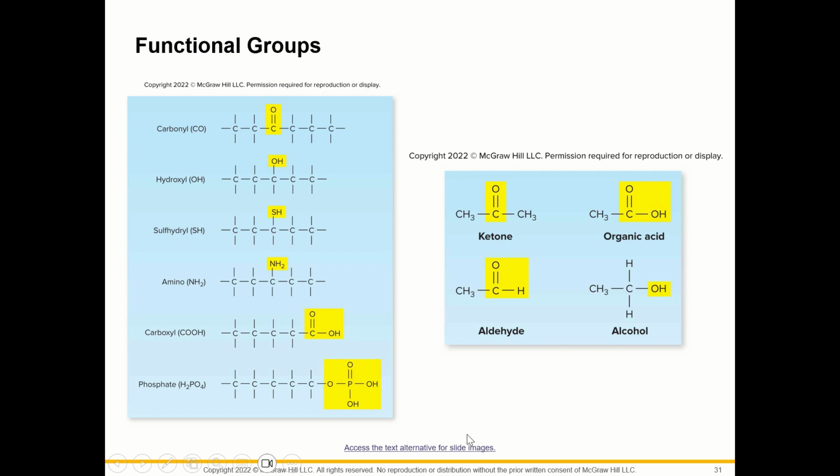And then we see categories of organic molecules based on functional groups on the right here, which is figure 2.11. We've got acids, alcohols, and other types of organic molecules characterized by specific functional groups.